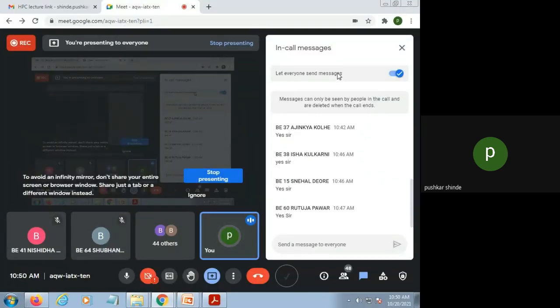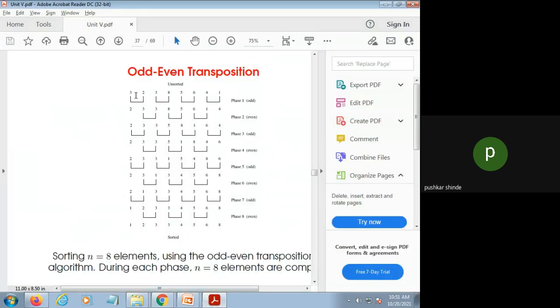Getting the concept, students, how it will work on parallel processors? Each number with one processor. Whatever we saw for the sequential algorithm, the same thing will be done for the parallel algorithm. Instead of numbers there will be processors with the numbers, and consecutive processors will do the compare exchange operation.